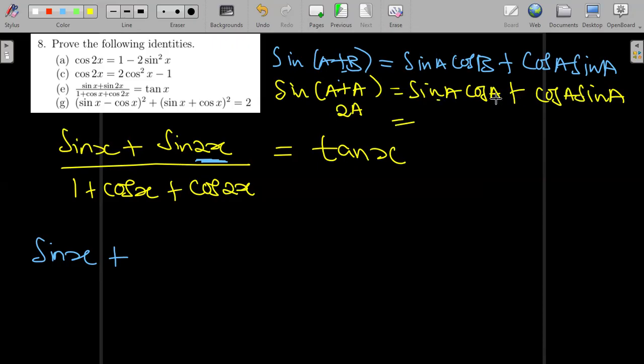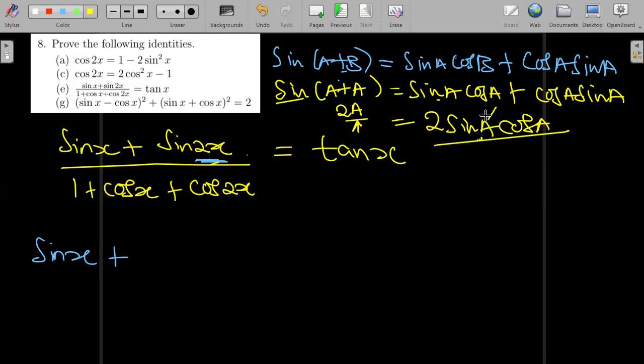When we add them, we get 2 sine A cos A. So whenever you see sine 2A or 2B or 2C, whatever variable they use, it's just the same as this. So here where I have sine 2x, I'm going to put this.